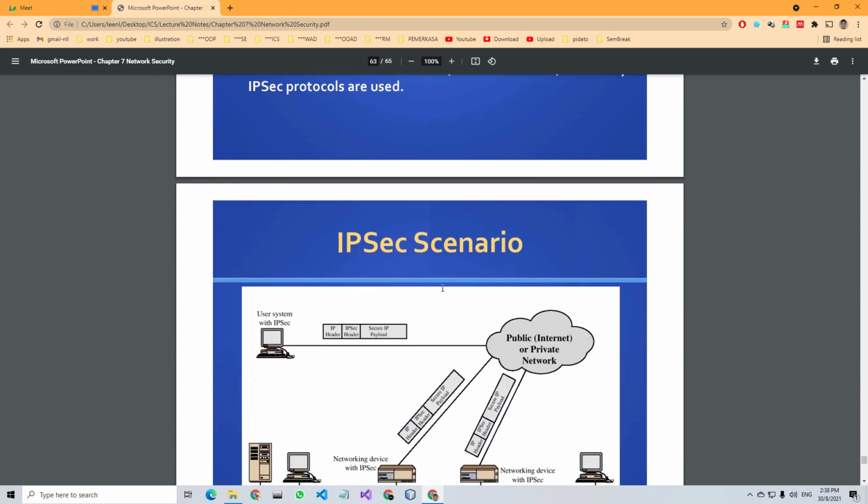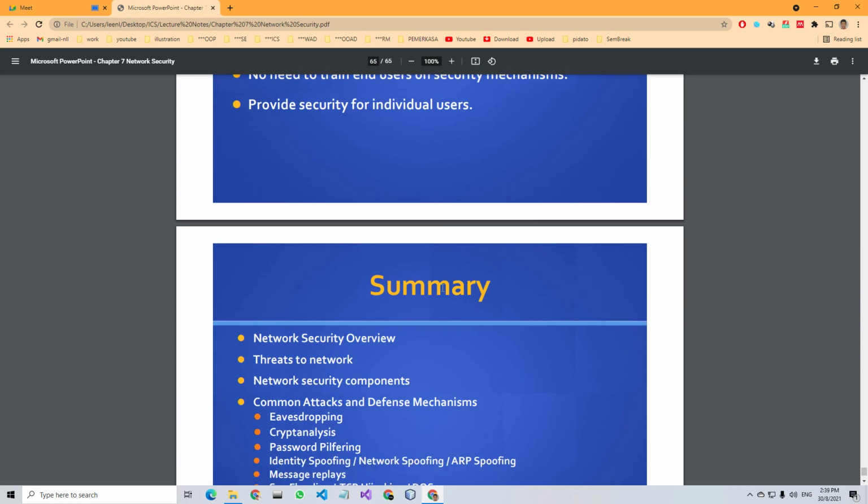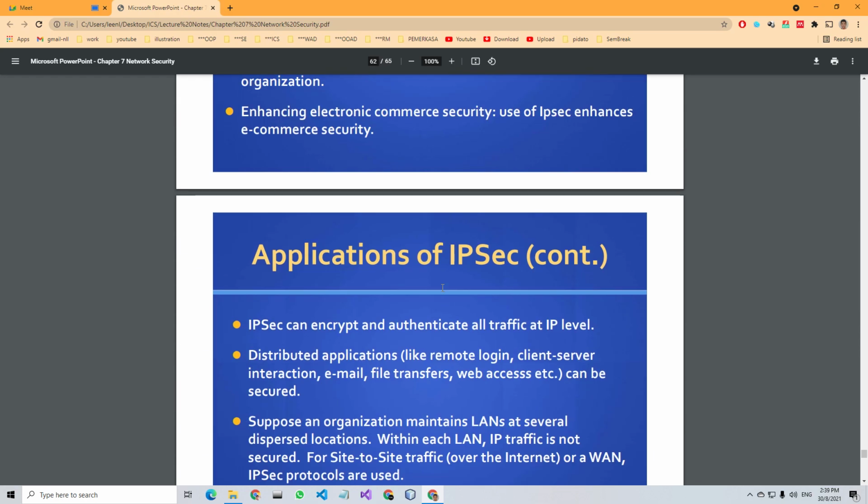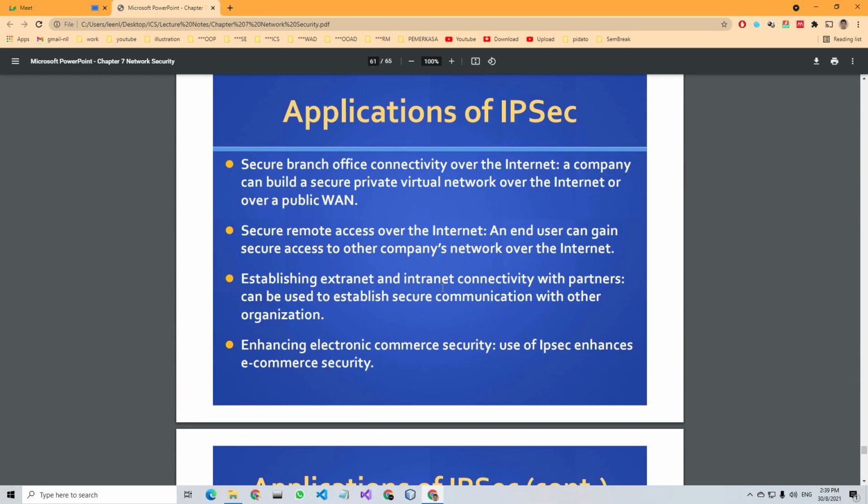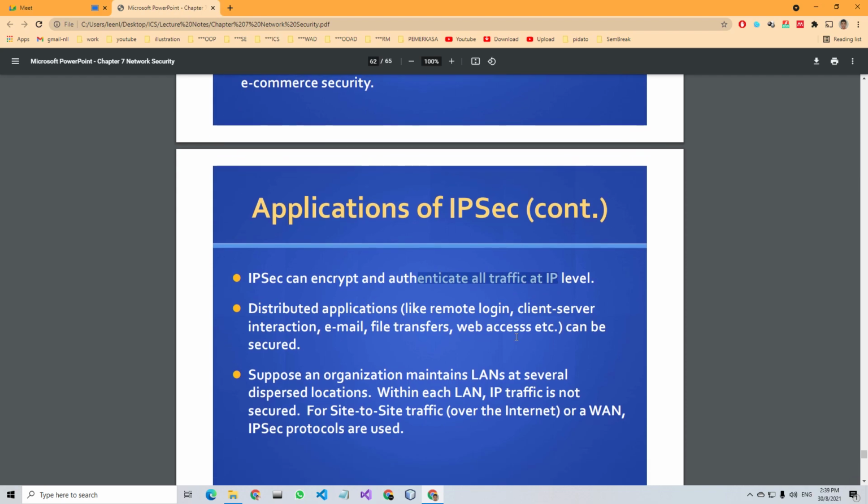Next one, encrypt and authenticate all traffic at the IP level. Distribute the application, maintain dispersed locations. So the uses of IP security, to summarize, they are used to encrypt application layer data, provide security for routers sending data across the public internet, as well as to provide authentication without encryption, like to authenticate that the data originates from the known sender.